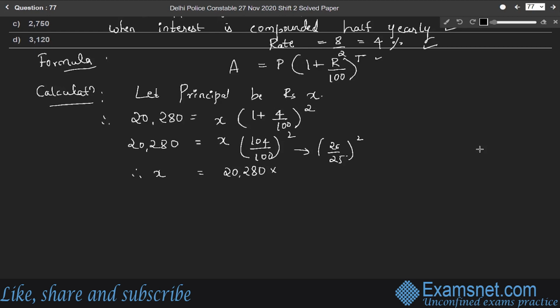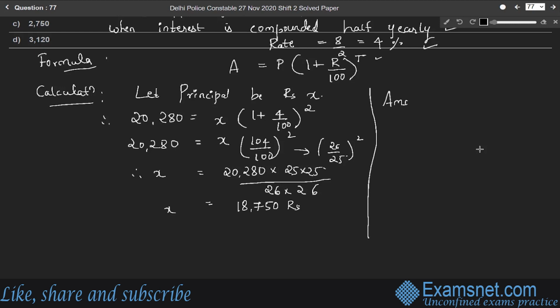Therefore, this can be written as 25 into 25 when it comes to the other side, 25 into 25 divided by 26 into 26. Therefore, X is equal to, after simplification, you will get 18,750 rupees. Understood? So, what is X? The principal amount.